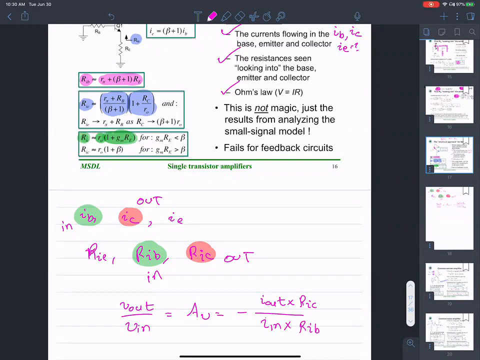Because what is the voltage across the output? That's Ohm's law. What's the voltage across the input? So the idea of going through this hassle of finding out the expressions for RIE, RIB, and RIC is so that our overall calculation of the gain is very straightforward. That's what I'm interested in doing.